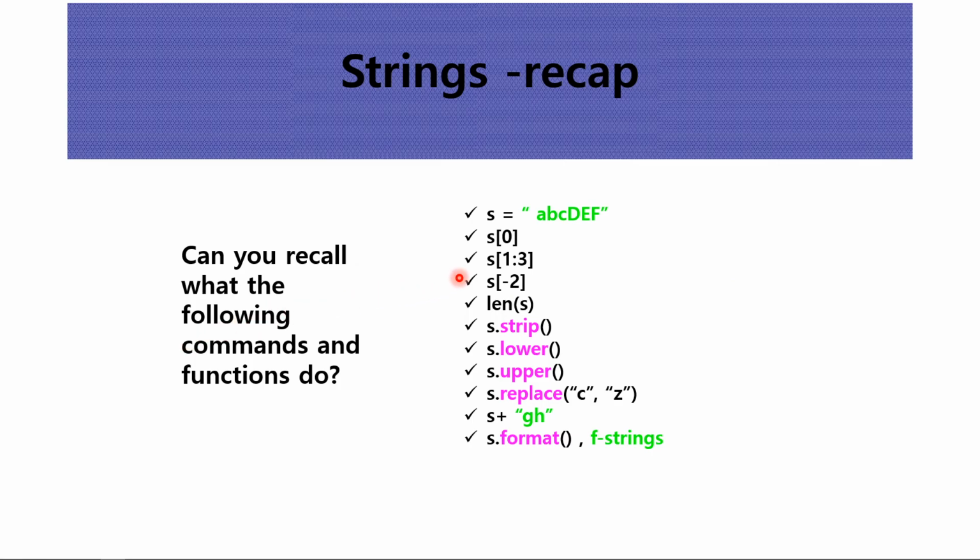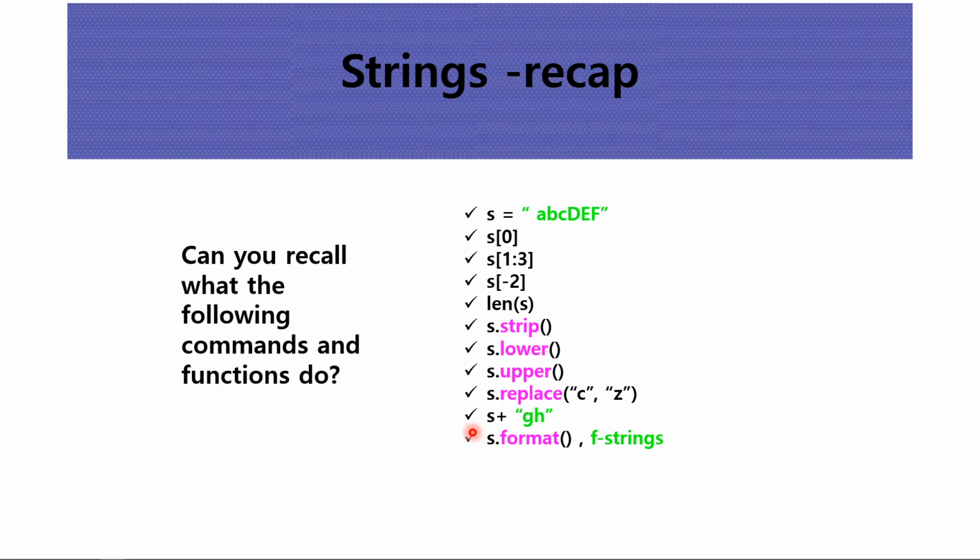Quick recap, we saw how to access elements in a string, how to do slicing, how to count from the back, how to obtain the length of a string, how to get rid of the empty spaces in front of a string, how to put all the letters to lowercase, to uppercase, how to replace a character with another, and how to concatenate strings, and how to do formatting using both format and f strings.